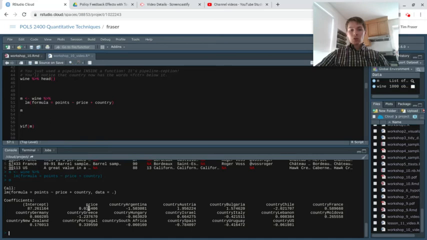And if your wine is more expensive by $1, you get a 0.03 increase. But if you're from Argentina, the review of your wine goes down by 1.5 points. If you're from Austria, it goes up by 1.95 points.